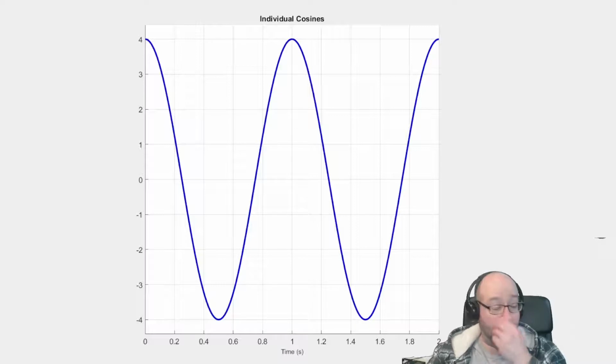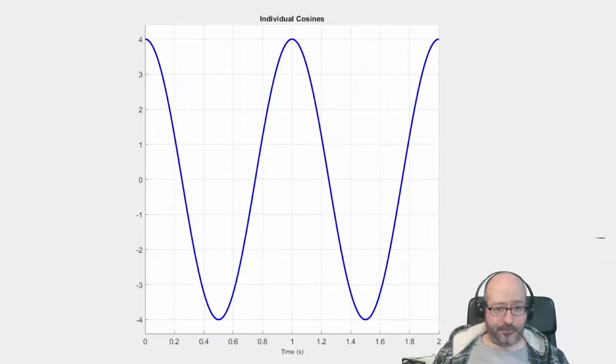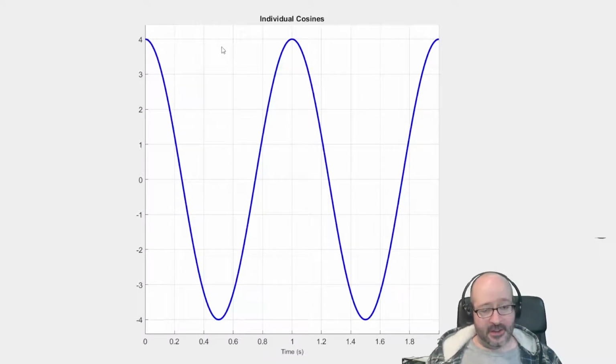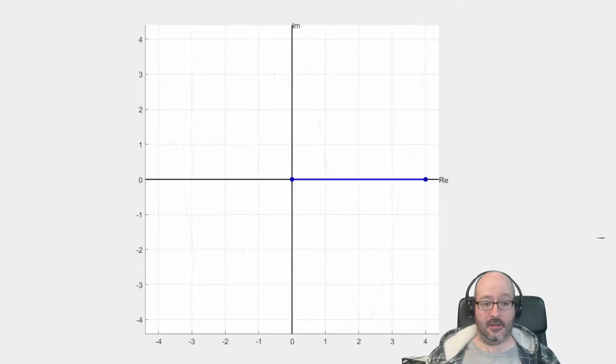So let's see this in action. What we're interested in here is taking this cosine and representing it in the phasor form, which is going to look like this: 4 at an angle of 0. It's just going to be a vector that starts at the origin and goes out to 4, and it's got an angle of 0, so it's lying right along the real axis.